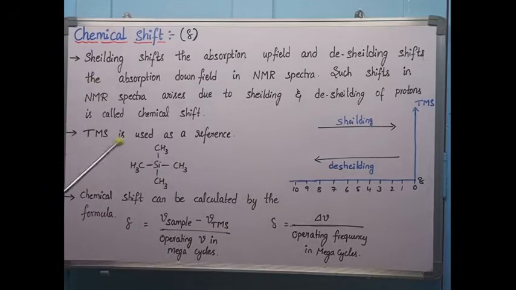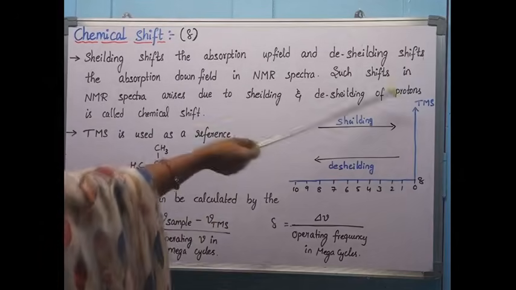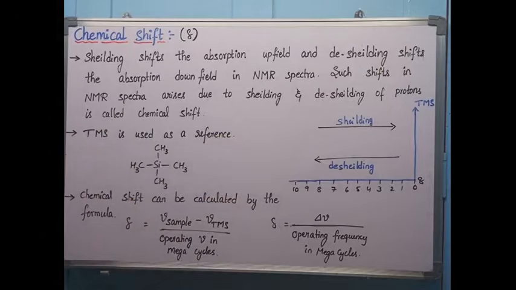Why do we use tetramethylsilane as the reference molecule? Tetramethylsilane has the capability to dissolve all organic substances. Along with that, it is a highly volatile substance, so after completing the process, we can easily remove the TMS from the compound. All the protons in tetramethylsilane give a single peak, because all are present in the same environment.